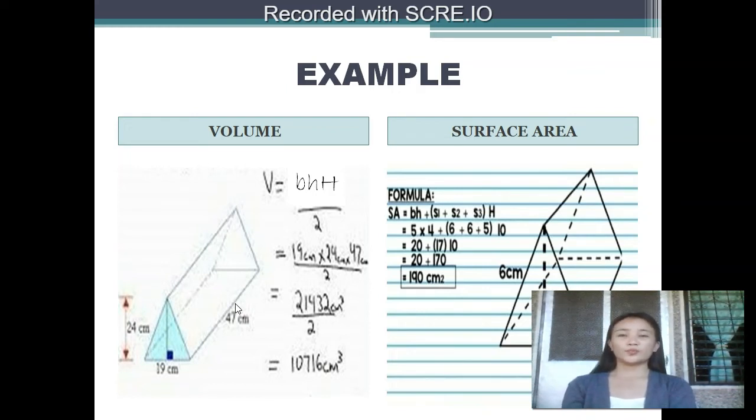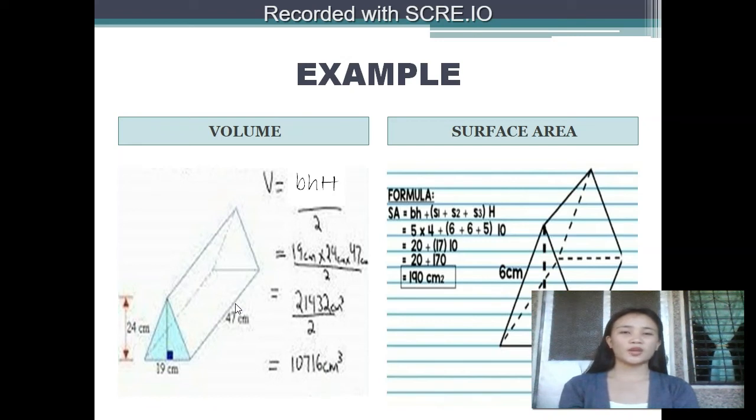Volume is equal to B h H all over 2. Then substitute, we have 19 centimeters times 24 centimeters times 47 centimeters, all over 2. Then evaluate, we have 21,432 cubic centimeters all over 2. Then our final answer for our volume is 10,716 cubic centimeters.